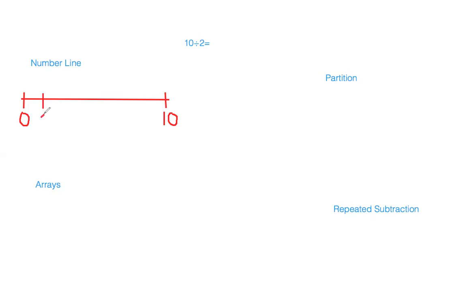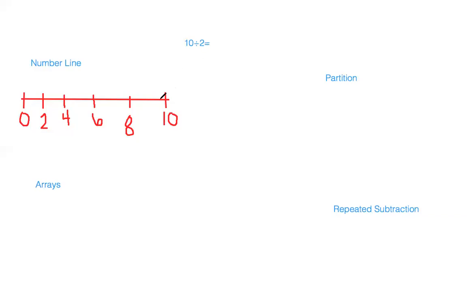So we have 0, 2, 4, 6, 8, and 10. And I know mine are not super evenly spaced. I'm still trying to figure out how to navigate this computer tool. So if you were doing this on your own, you would try and make them as evenly spaced as you could to represent 2 between each of those numbers.